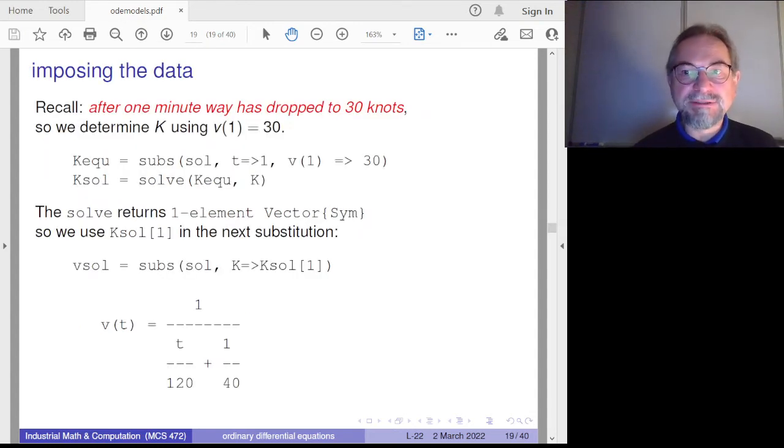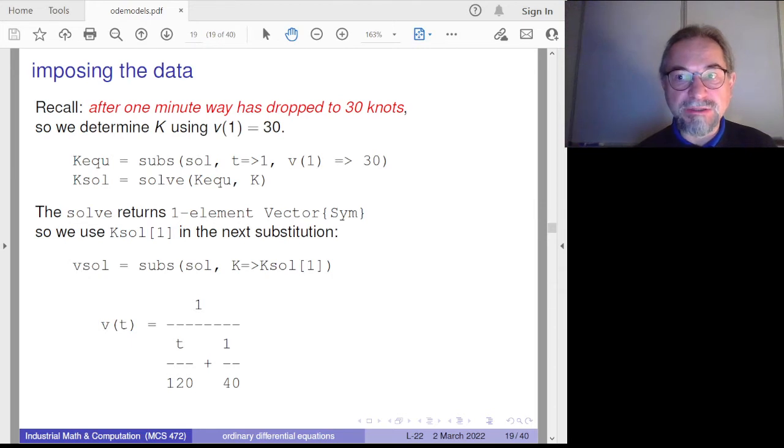So after 1 minute, the velocity has dropped to 30 knots. So we do the substitution to derive a new equation. So the new equation will then be an equation in K. And that we can solve.